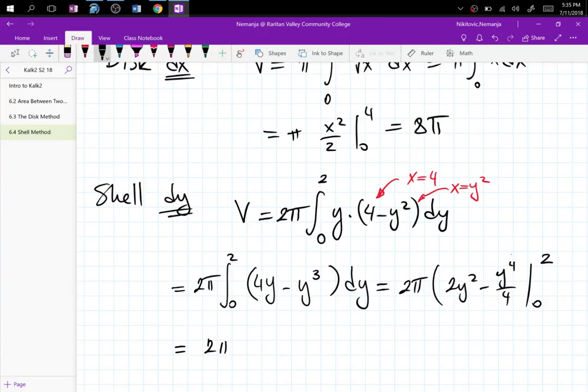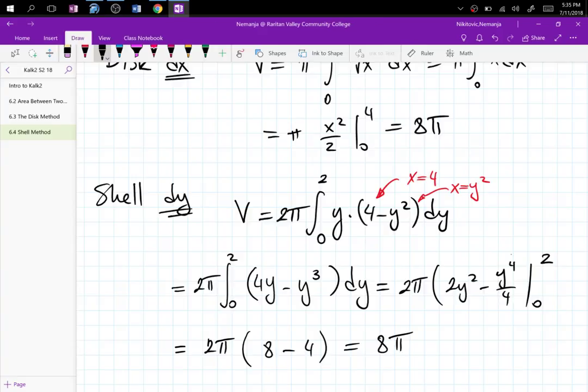That's 2 pi times, 4 times 2 is 8, minus 2 to the 4th is 16, divided by 4 is 4. And the zero just dies. So that's 4 times 2 pi, 8 pi.